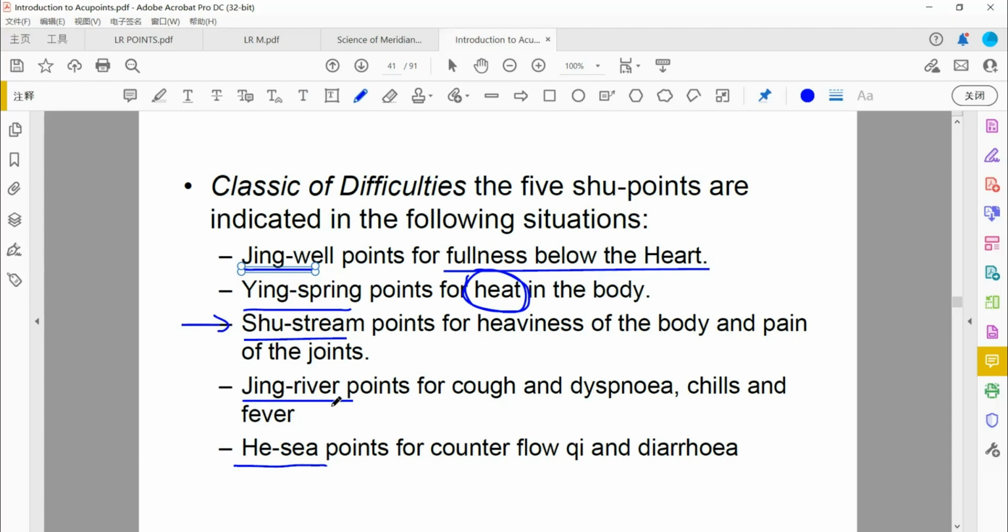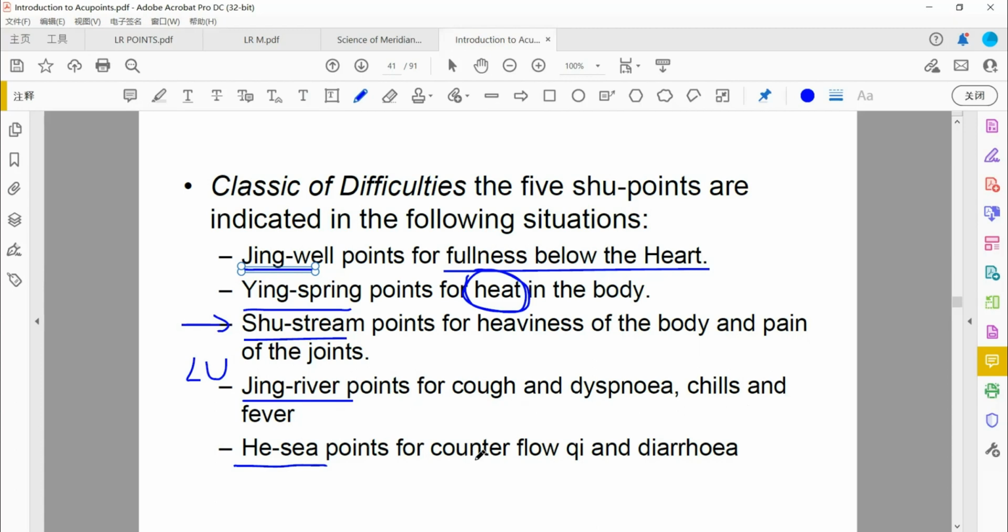And Jing river points are for cough and dyspnea, so probably the lung meridian is better for this. Cough, dyspnea, chills, and fever.